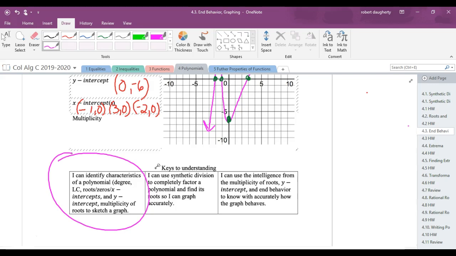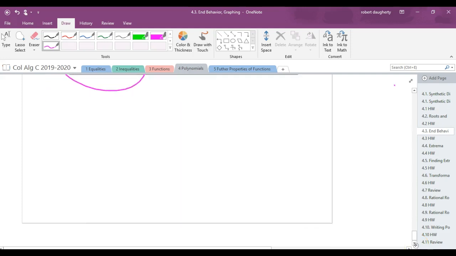You need to know what it means when the degree is even, when the degree is odd, when the leading coefficient is positive or negative. That tells you the end behavior of the graph. When the graph is fully factored, that gives you the x-intercepts. Multiplicity tells you where it crosses or doesn't cross the axis. To find the y-intercept, you set x equal to 0, and then you sketch the graph. That should be it for this lesson.